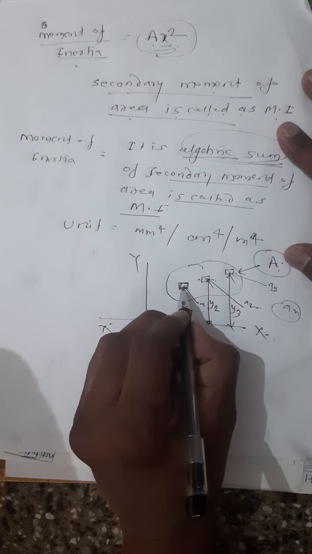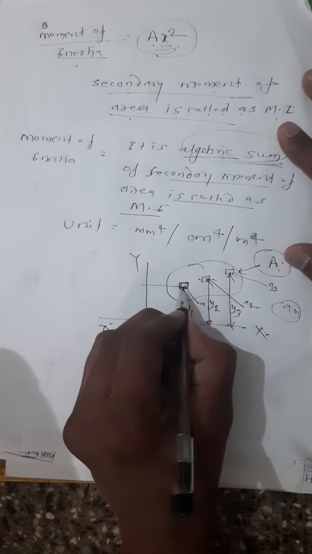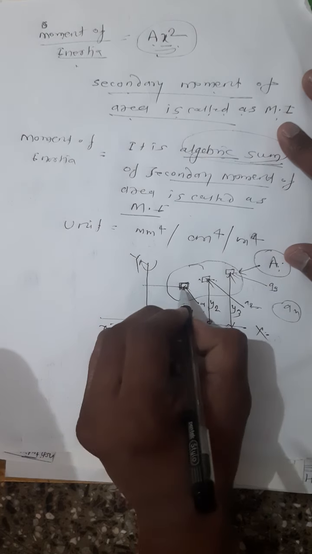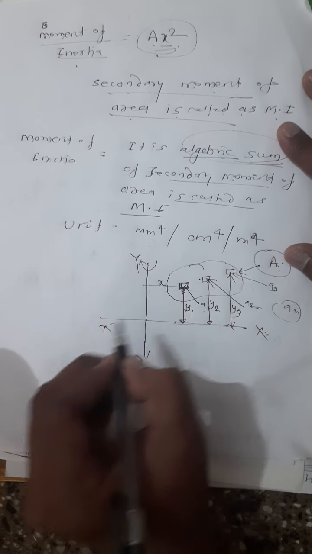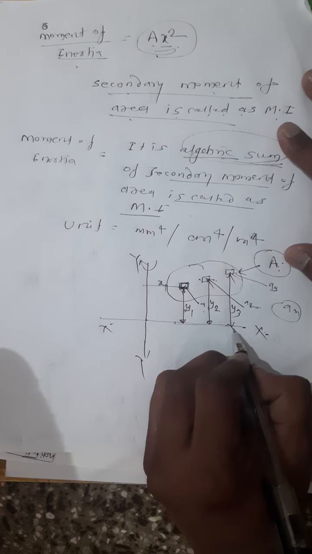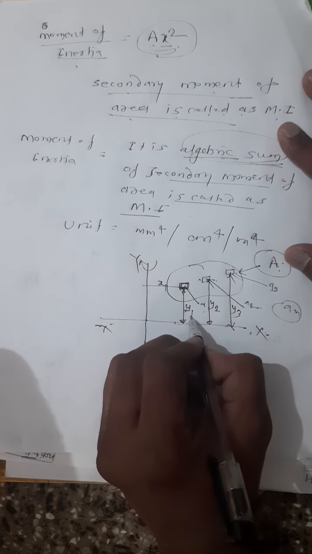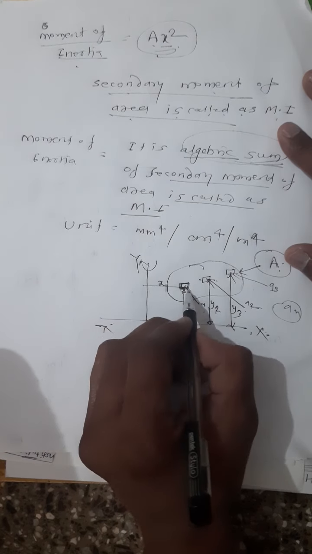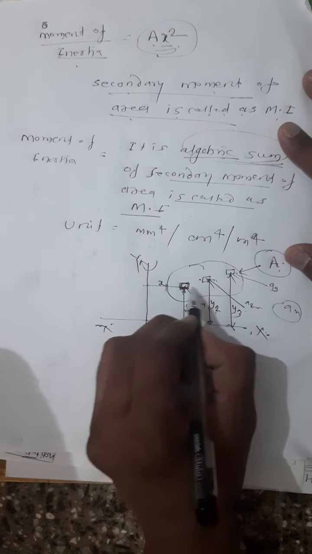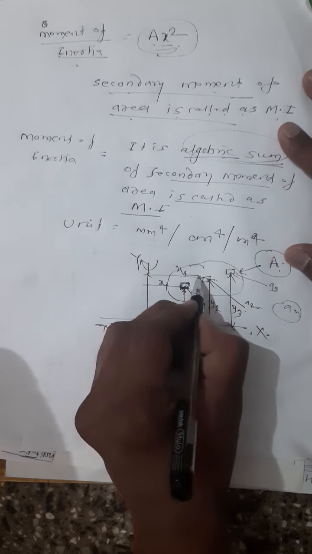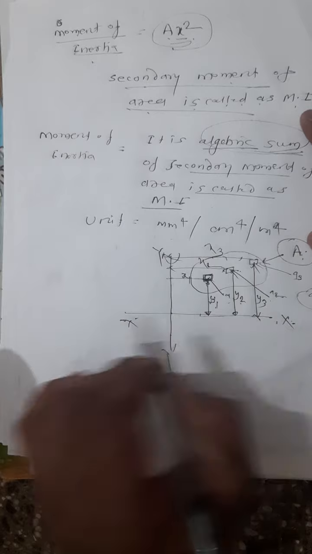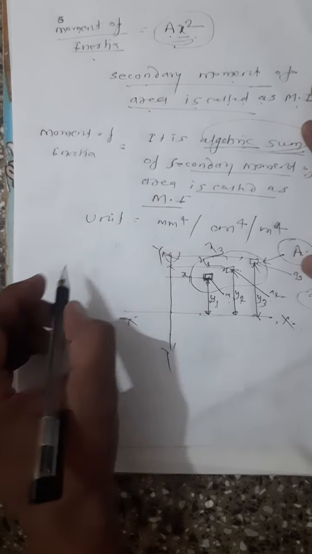Similarly, suppose this area rotates about the y axis. From the y axis we represent the distances of the elementary areas by x1, x2 and x3, whereas from the x axis we represent them by y1, y2, y3.